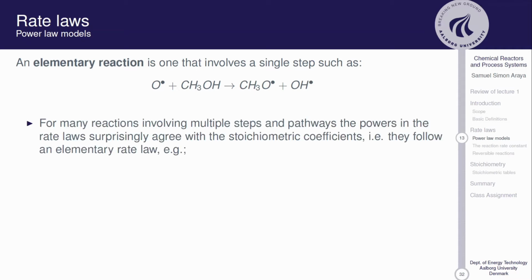But funny enough, most reactions, even when they have multiple steps, still follow the power law. We say that they follow the elementary rate law, which means we can use their stoichiometric coefficients as their powers. Obviously, as we mentioned, this needs to be confirmed by experimental results, or we should see it from a list.